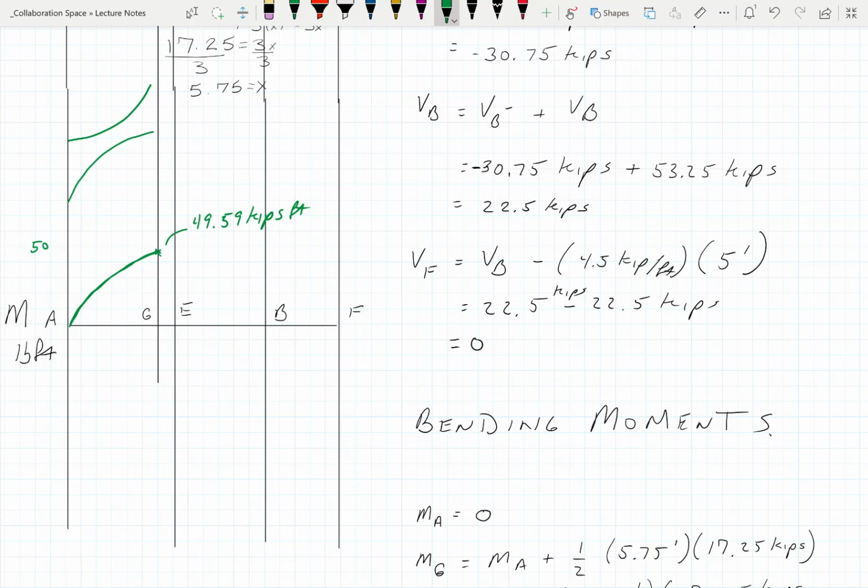So, if you're ever looking for a maximum point of anything, maximum moment, maximum deflection, if you go back to calculus, we've had you calculate inflection points in curves, okay? And where does the inflection happen? At a zero slope.